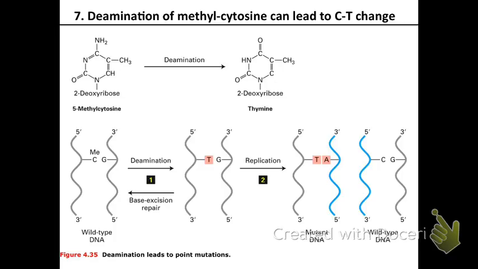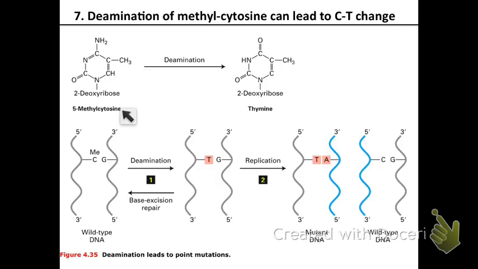Another common problem that occurs in cells is the deamination of methylcytosine. In a lot of organisms, the cytosine base is modified: an additional methyl group is added to the cytosine.